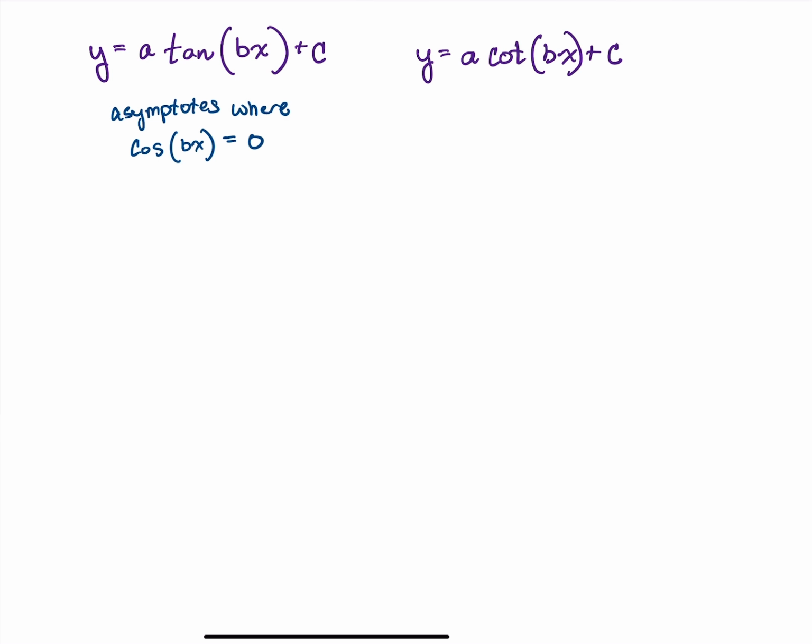And for the cotangent, we can say asymptotes where this time the sine is equal to 0. So this number a in front, instead of calling it amplitude for tangent and cotangent, you can just call that a vertical stretch or compression.